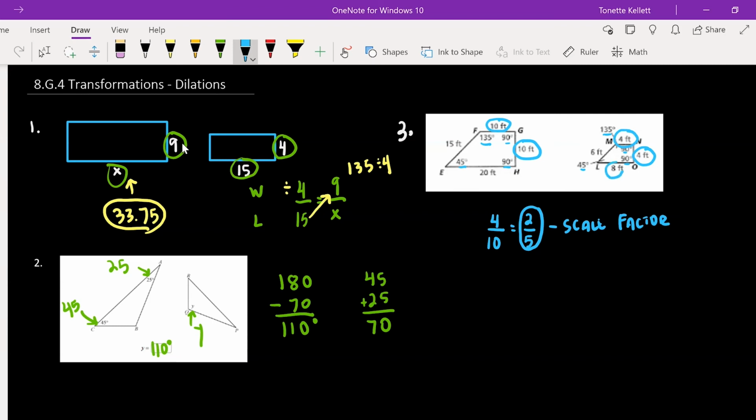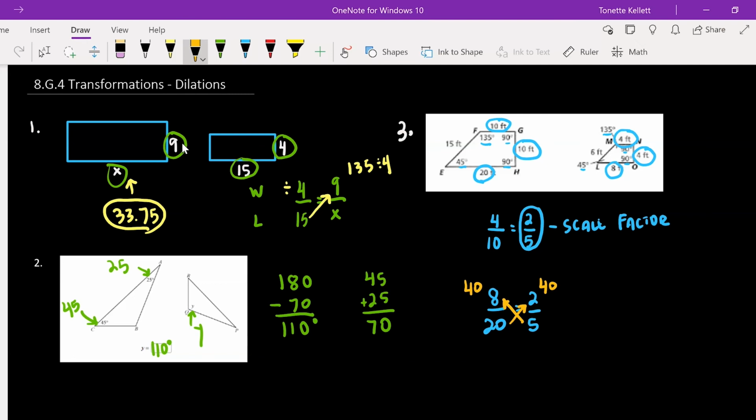Let's check this one. It's 8 and 20. Is the scale factor 2/5? In order to check this, just multiply diagonally. Multiply diagonally. They both equal 40, so yes, the 8 and the 20 are still 2/5.